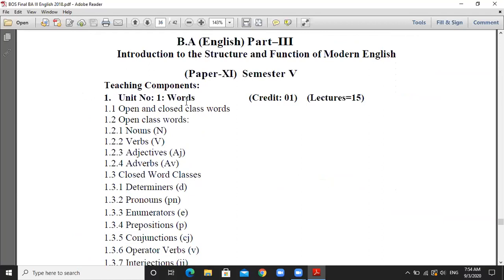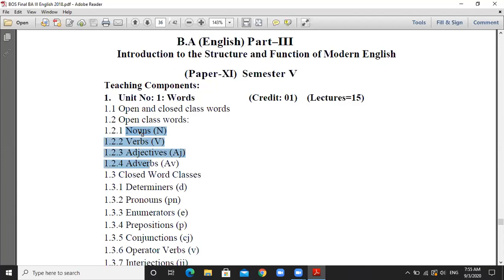So first unit is words. So what are we going to study in words? Open and closed class words. I think this is not a new topic for you people. If linguistics was your optional subject in BA first year, then this is not a new topic for you. Classes of words we are going to study, open class words and closed class words. Open class words are noun, verb, adjective and adverb.